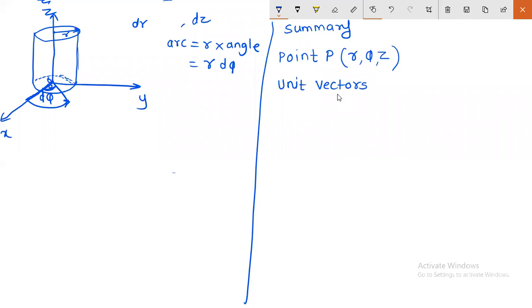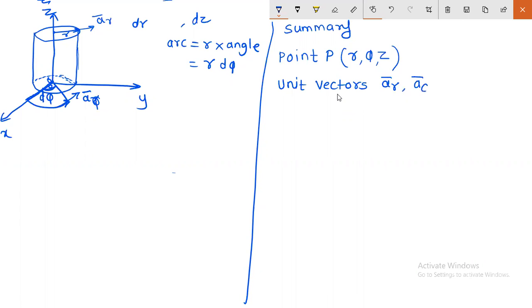If I consider the r coordinate, then the unit vector in the direction of r is given as A bar r. That is your first unit vector. Then the unit vector in the direction of phi is given as A bar phi.